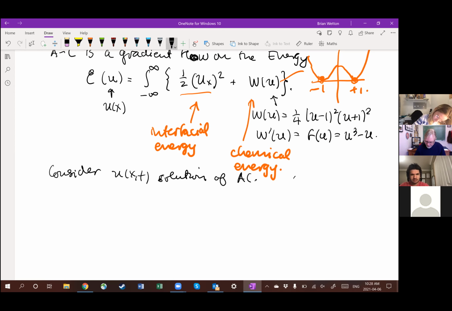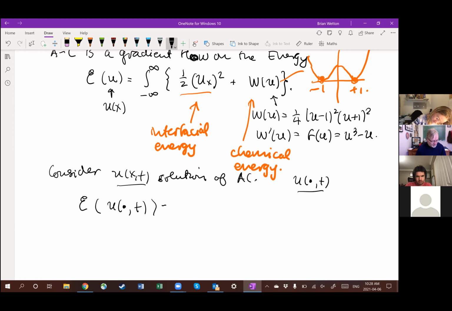And so now I can look at this thing, right? I'm putting the dot in here because I'm not just putting a value of u at one x. I'm putting the whole function of x at a given time into E. So I'm going to look at this energy at that time for the function of x.